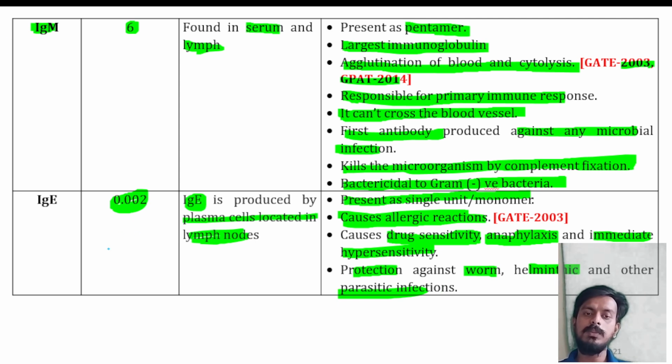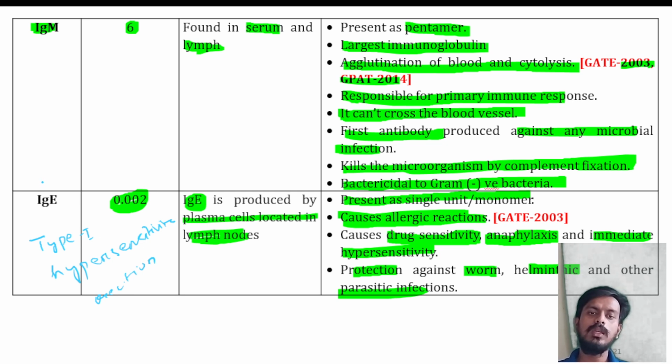Remember, IgE basically produces type 1 hypersensitivity reaction.